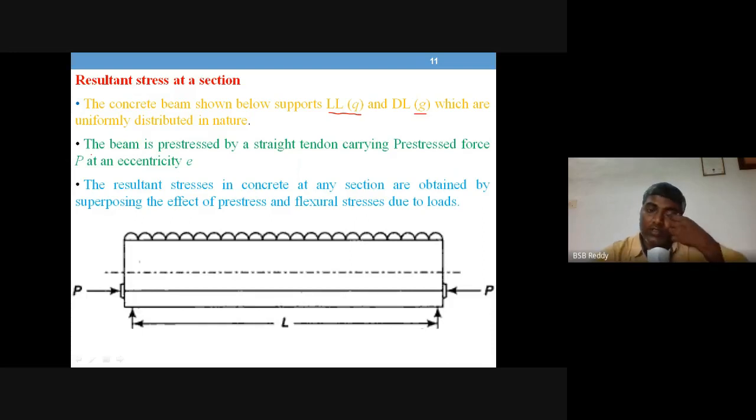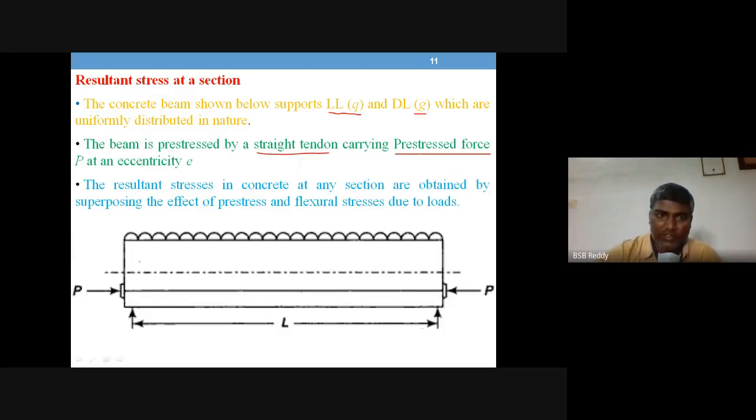The beam is pre-stressed by a straight tendon. You can have even curved tendons, having some kinks, depending on the loads that you will be getting, so that we will see in the next discussion.